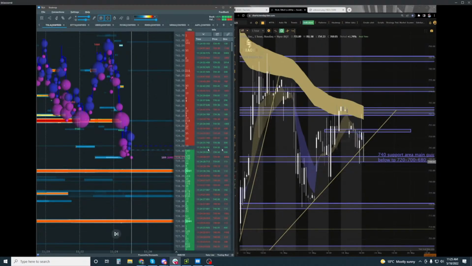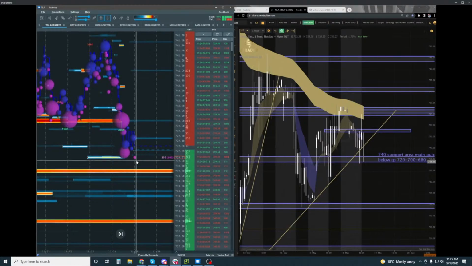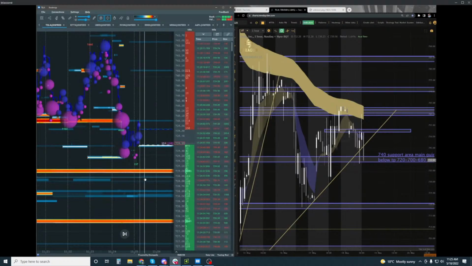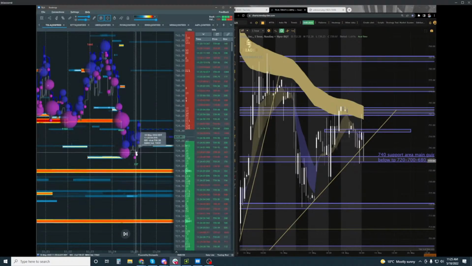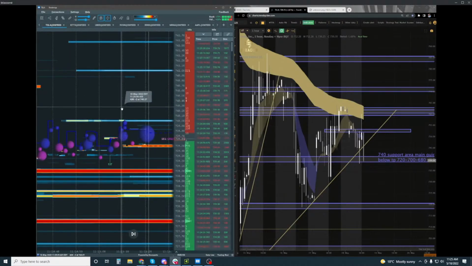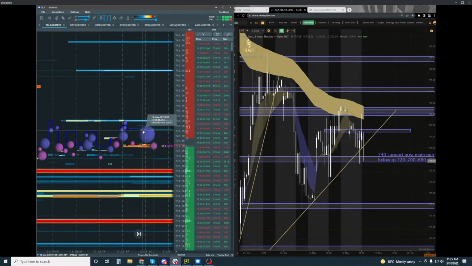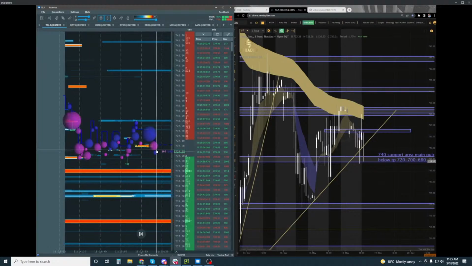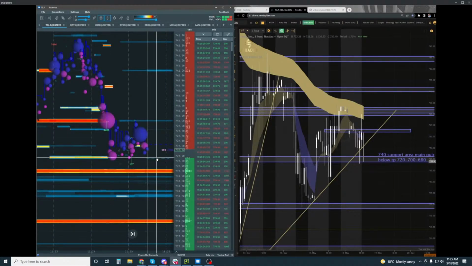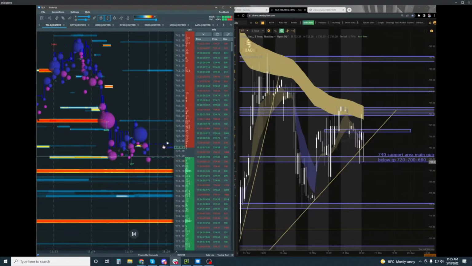So we're almost at that support, leg down over here, possibly another break of 739 coming. Seller again.